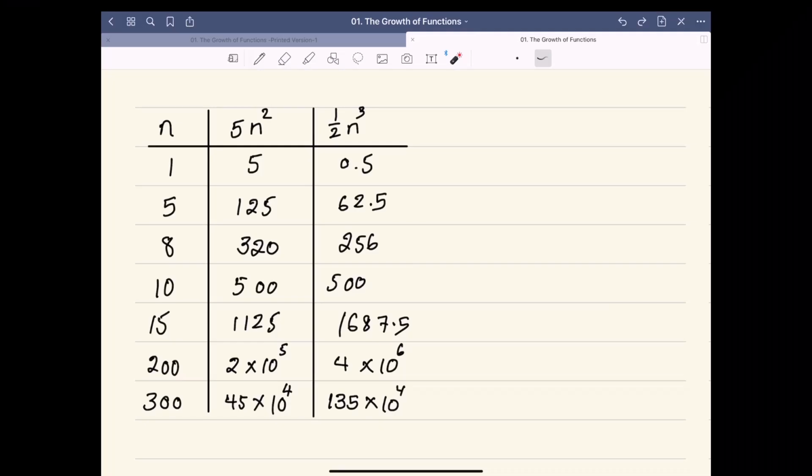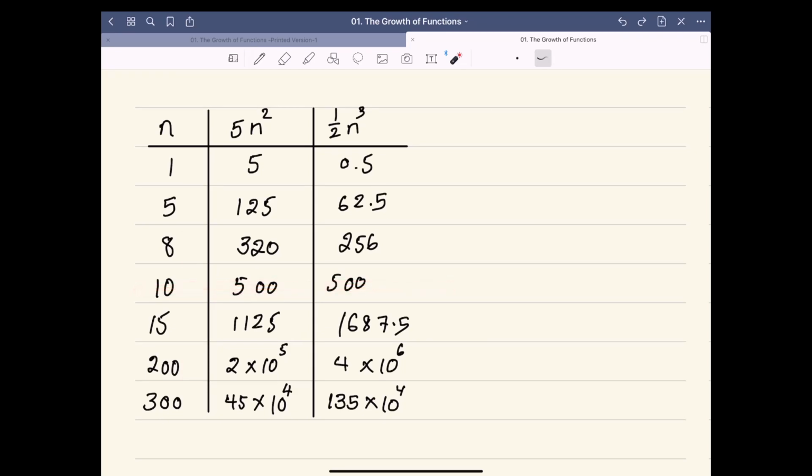To compare the growth of these two functions, we have created a table for a sample of n. We would like to know, as if these two functions go on a race, which function beats the other for each value of n. Observe that when n is equal to 10, there is a tie, so there is no winner.